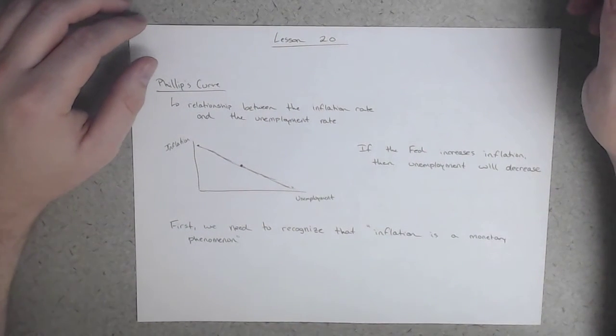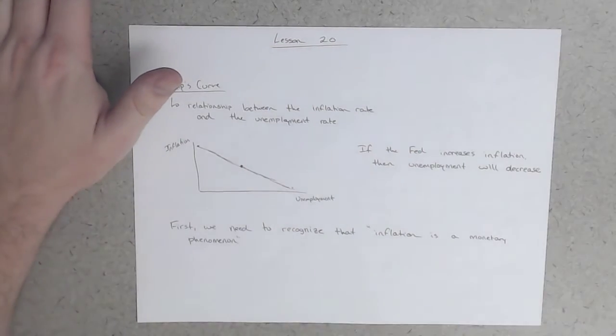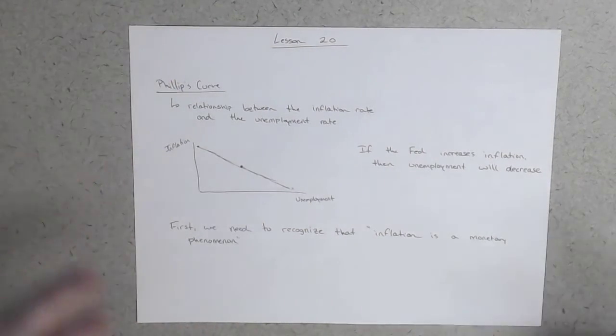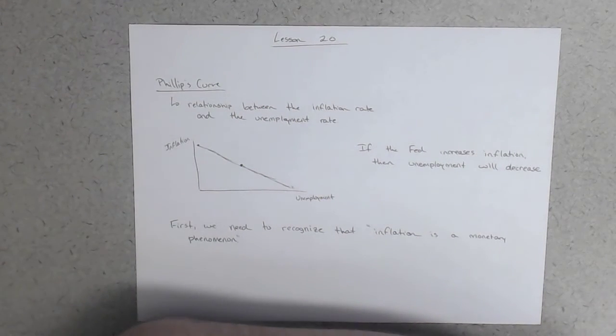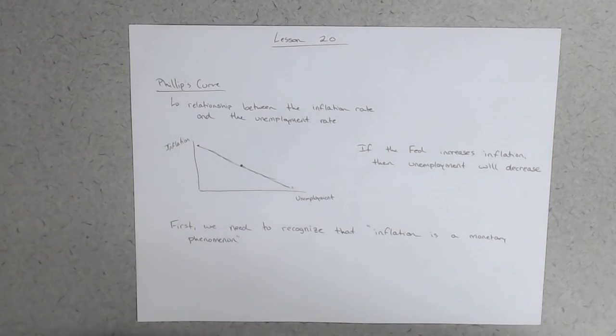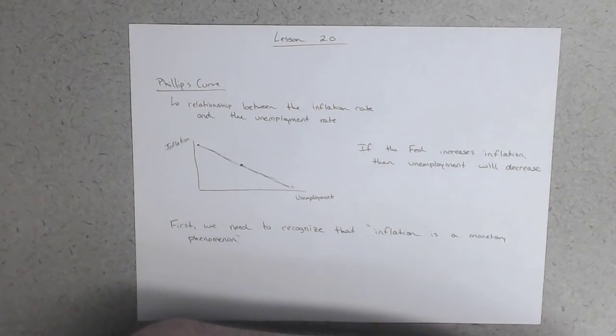And so the idea is that whenever the Fed increases the supply of money, what that's going to do in the long run is just increase the number of dollars that everything takes. So if the Fed doubles the number of dollars in the economy, in the long run, all of the dollar prices of things will double.